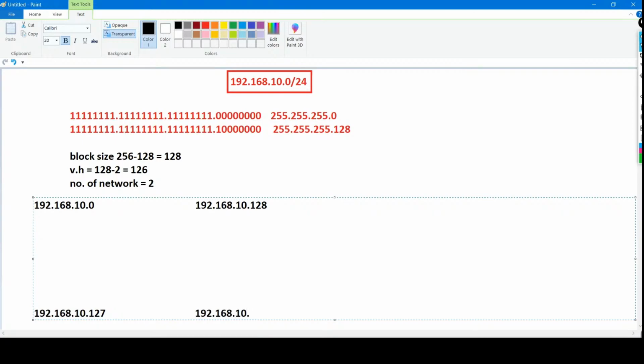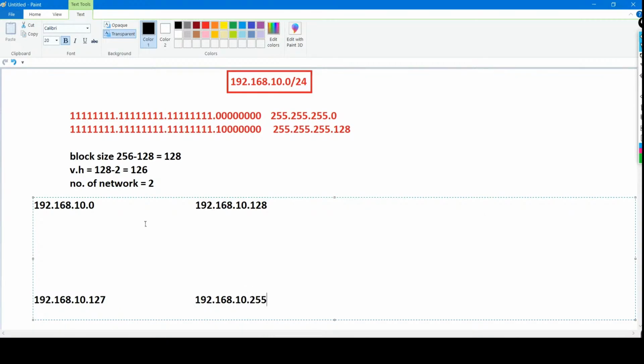You can identify that by adding the block size here as well: you get 192.168.10.256, which is not a valid IP address. So the IP address just before it is the last IP address of this network, which is 255.